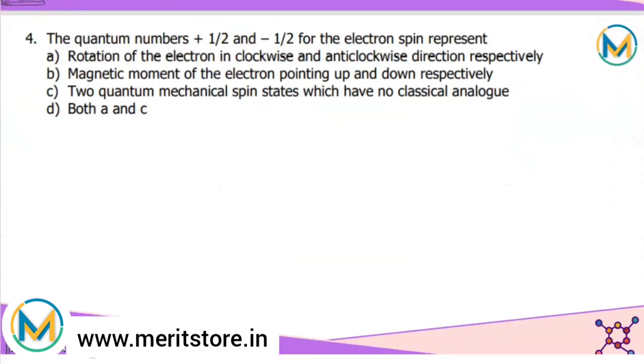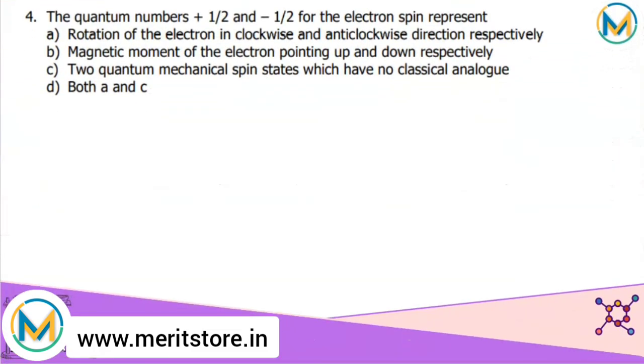Looking towards the next question. The quantum number plus half and minus half for the electron spin represents. So just like Earth rotates around its axis, the electron spins about its axis either in a clockwise or anti-clockwise manner. The two types of rotation are plus half and minus half.